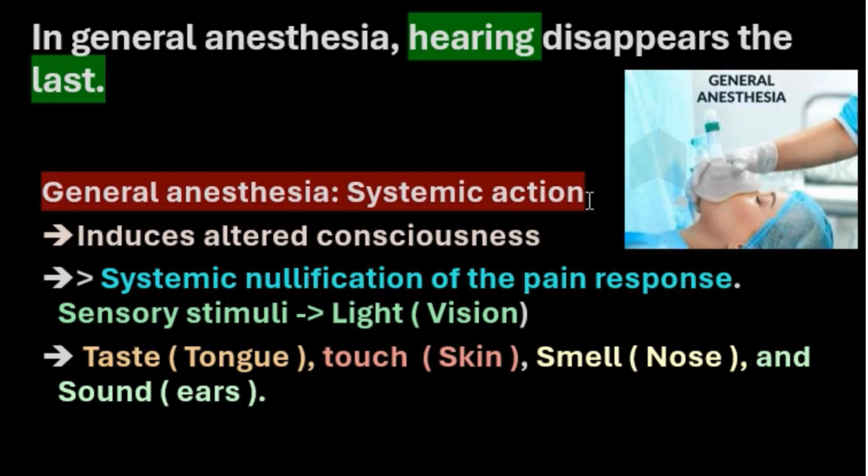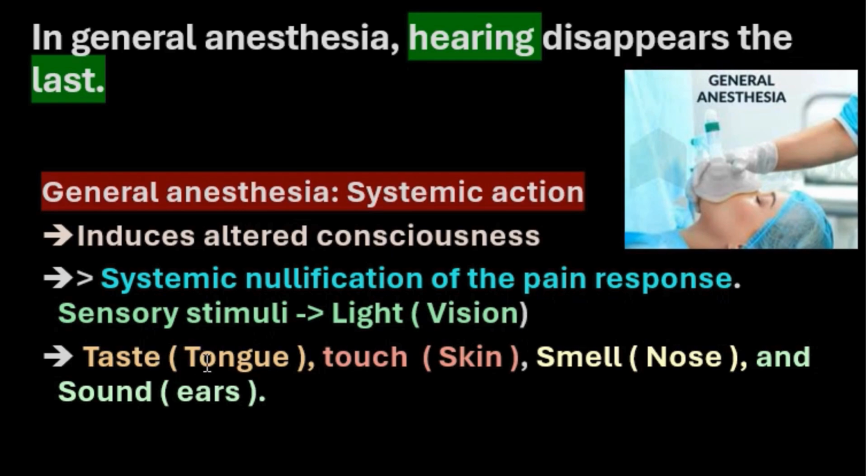It is general anesthesia with systemic action, and it will induce altered consciousness. Your consciousness will go. Then systemic nullification of pain response, so you will not feel the pain. That's why the anesthesia is given. Then you will lose sensation from light or vision.